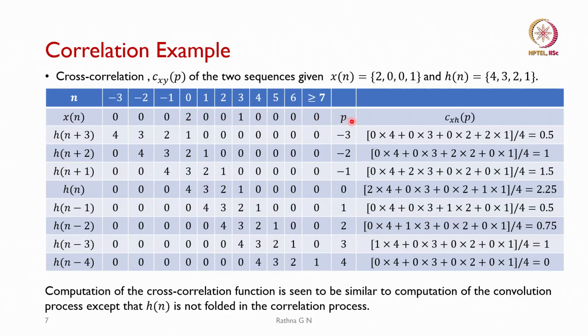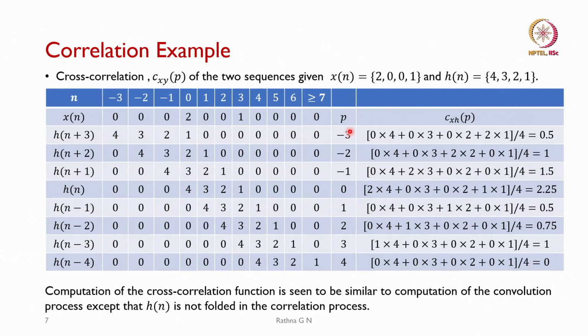Then we will be computing our correlation equation, that is Cxh, the cross correlation with respect to p. First one is h of n plus 3, because p is equal to -3, so it is going to be n plus 3. So, it will be 4, 3, 2, 1, and then the rest of them zeros.